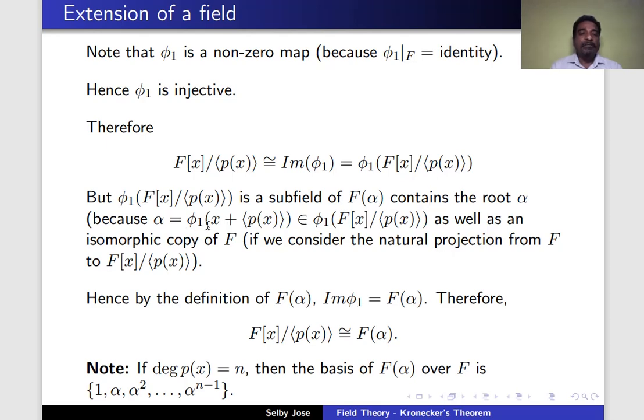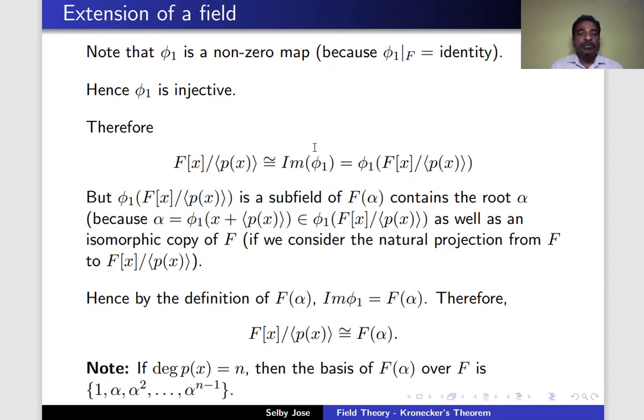and because α is equal to φ1(x + ⟨p(x)⟩), this belongs to φ1 of F[x] mod ⟨p(x)⟩, and therefore α belongs to this image of φ1, and the image of φ1 contains a copy of F also.